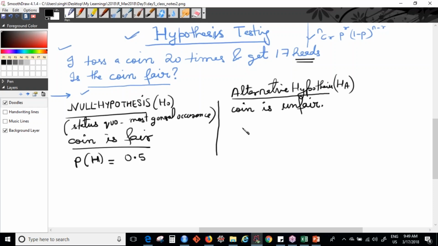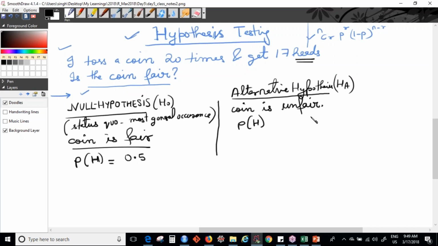So what happens when your coin is unfair? What will be your probability of head? If your coin is unfair, the probability of head will be greater than 0.5. It cannot be 0, right? You got 17 heads.